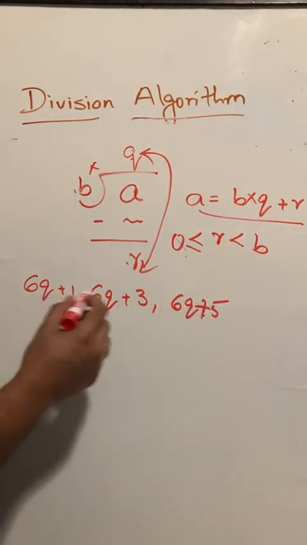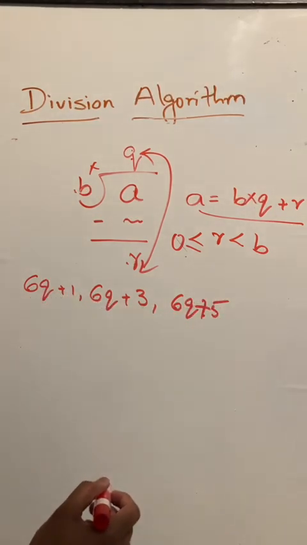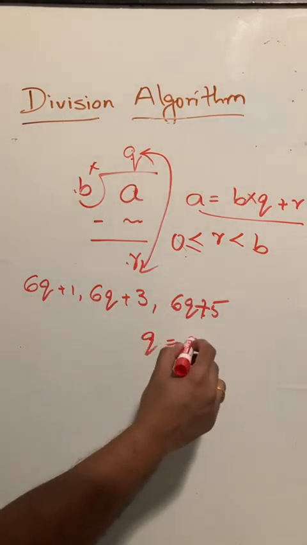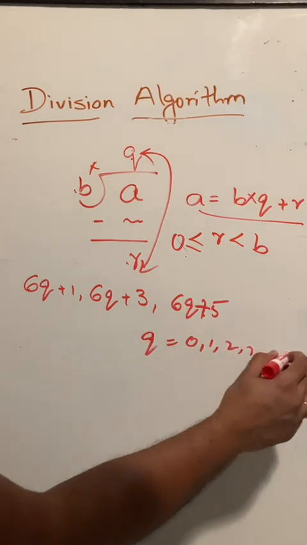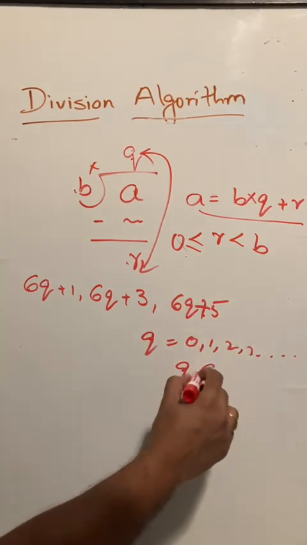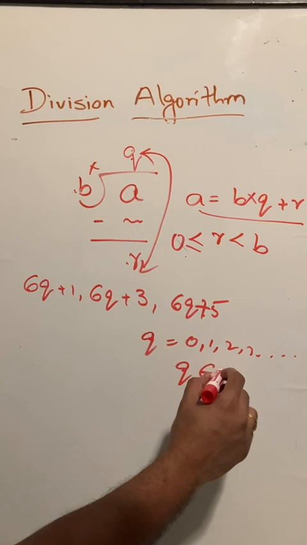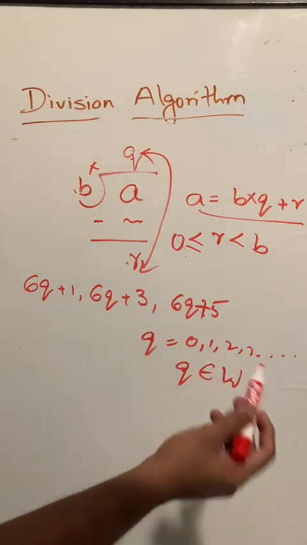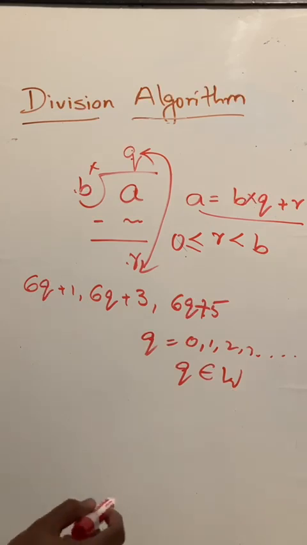Here q is some integer, which means it will go 0, 1, 2, 3, 4, etc. So that is nothing but q belonging to the whole numbers. I don't know what letter we use to represent it. I think W. Okay, whole numbers.